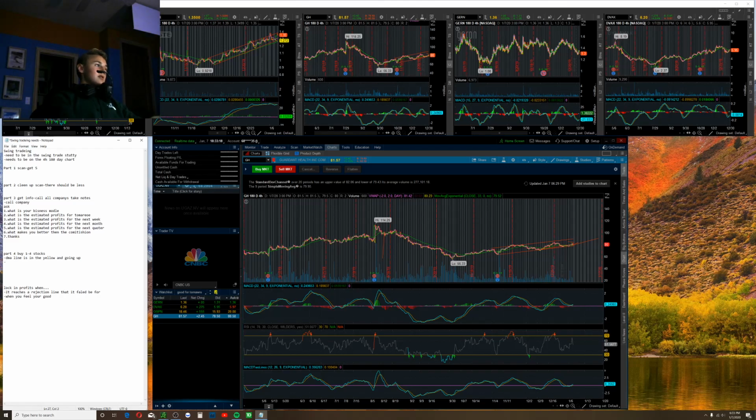The MACD has to be starting to go in the green or just finishing a red, which it is right here.